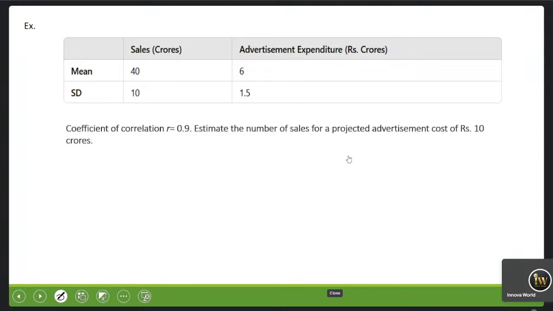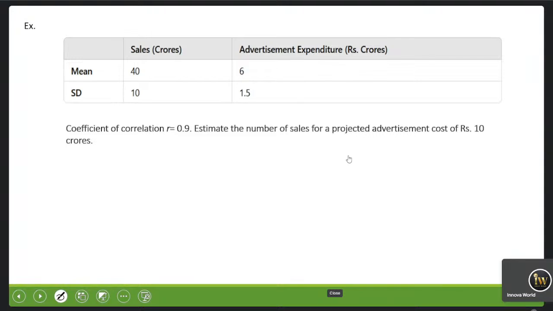However, the mean values are given, the average sales and the average advertisement expenditure. Also, the standard deviation of the sales and the standard deviation of the advertisement cost are given. Another thing is also given, the correlation coefficient 0.9.